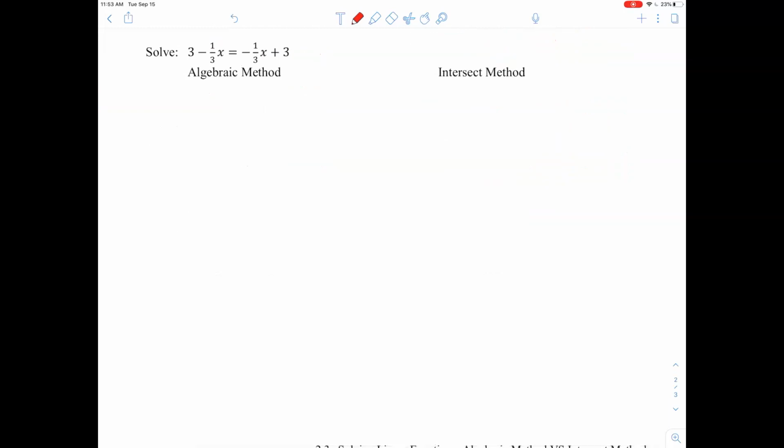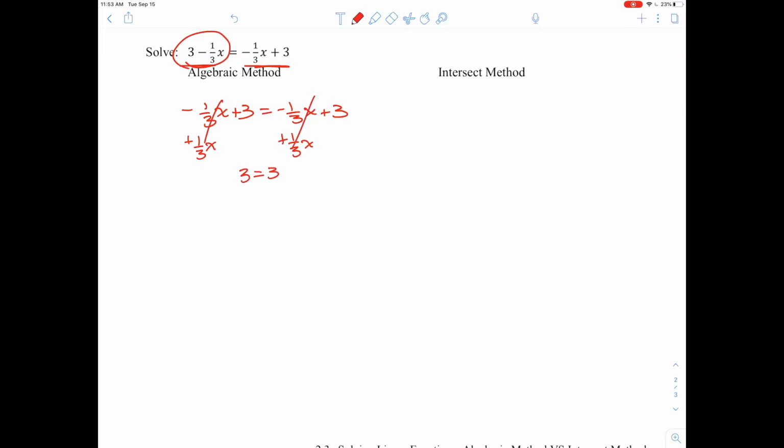Last one here. This is definitely the identity, because look at the left and the right. They actually are identical. I could rewrite this to say negative 1/3 x plus 3 equals negative 1/3 x plus 3. The left and right are identical. This is an identity equation. We'll go ahead and solve it algebraically. I'll add 1/3 x to both sides. Cancel, cancel.